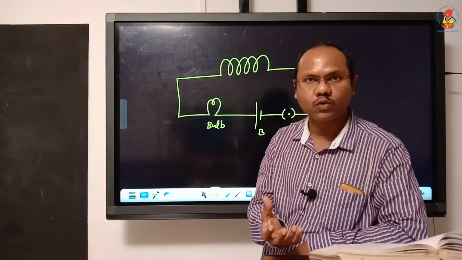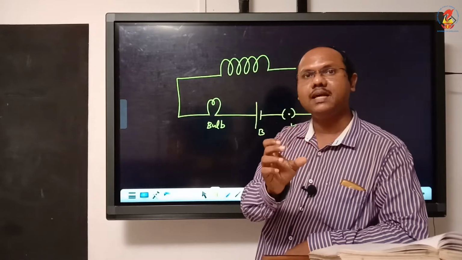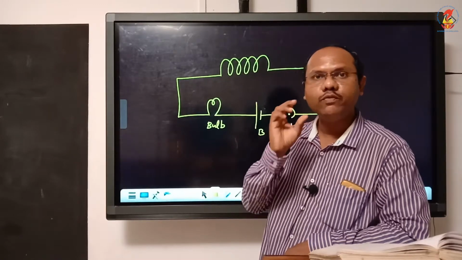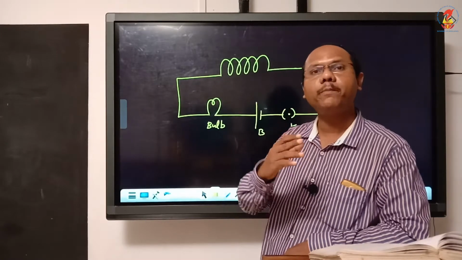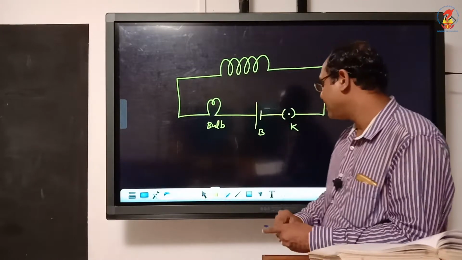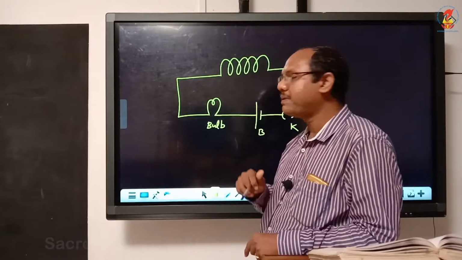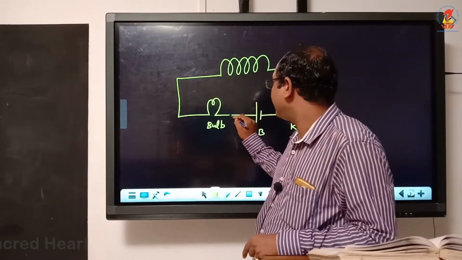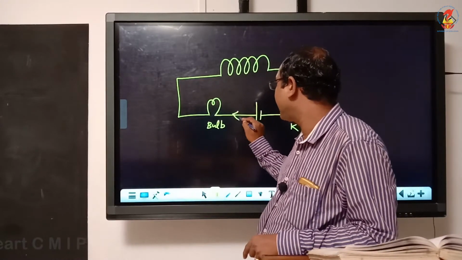According to Lenz's rule, this induced EMF will try to oppose the growth of the current. That is, as per this figure, the current flows in this direction.